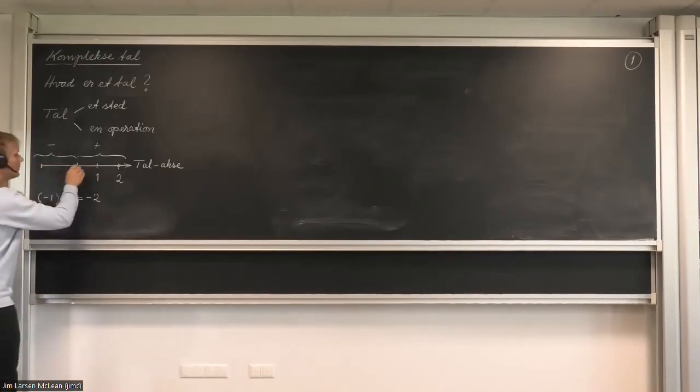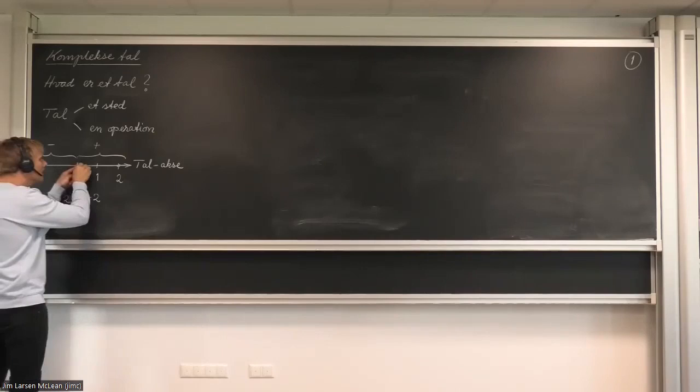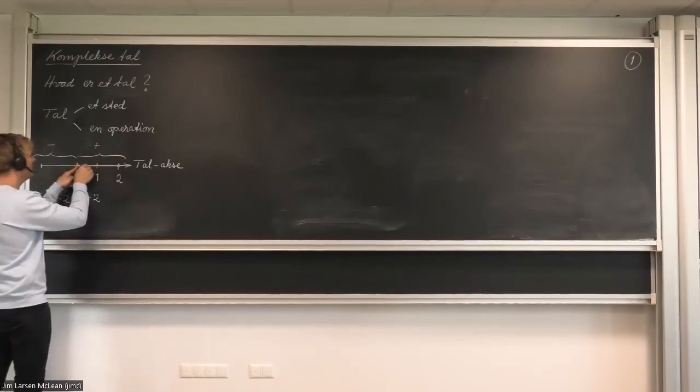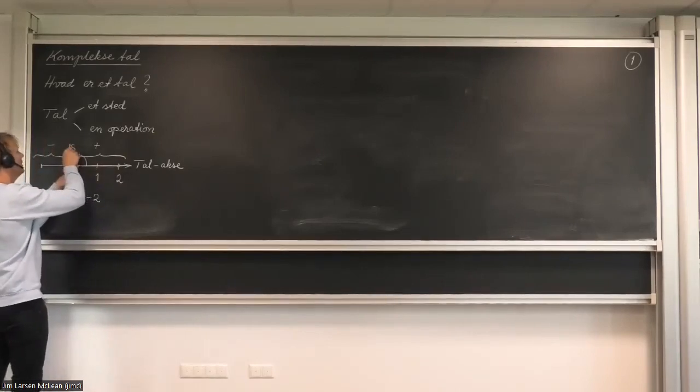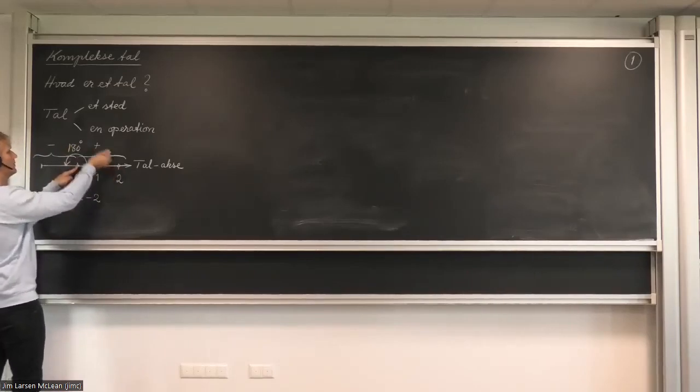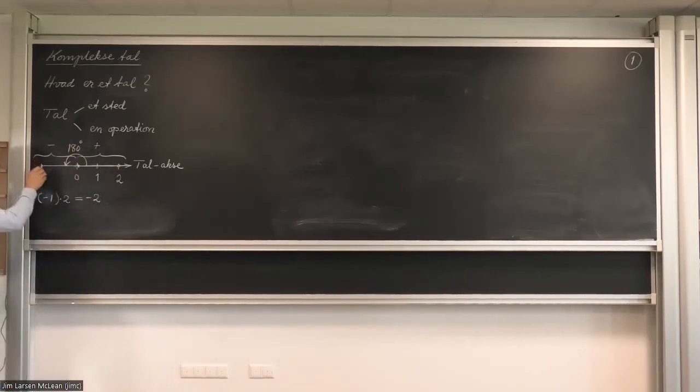You could think about it as if you had a rod hinged at the 0 point, and the rod extends to the 2, then you swing it around 180 degrees that way. So the tip of the rod lands here at -2. So one way to think about the number -1 is that -1 is a 180-degree rotator under multiplication.